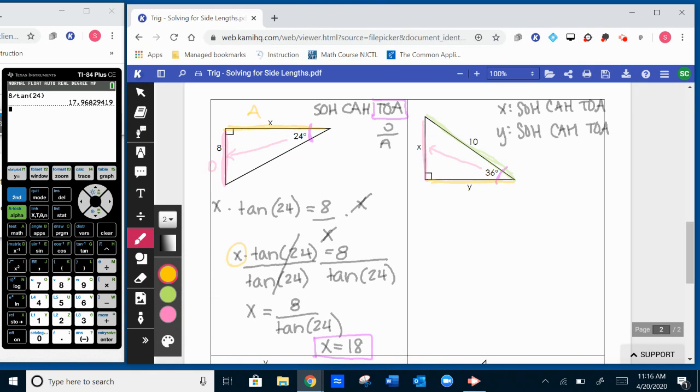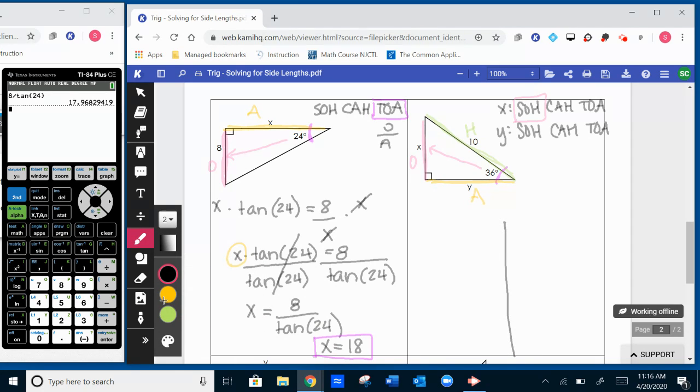And I'm just going to start with the x. So that is going to be O over H. Forgot to put these in. Okay. So O over H is going to be sine. And then we can start solving.